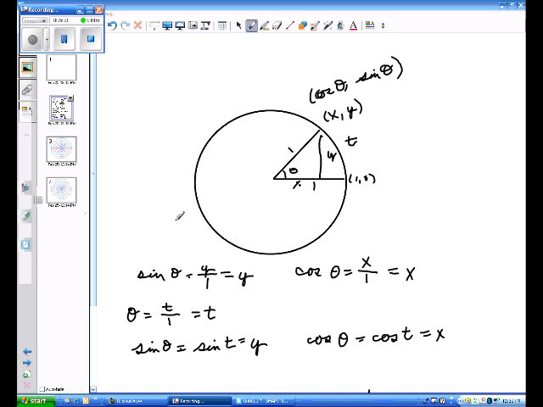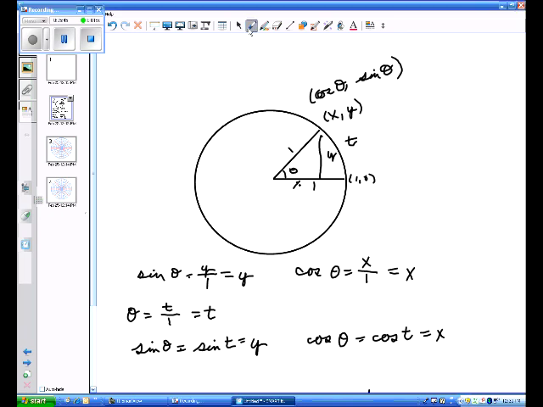So now as we travel around our unit circle, our points here are the cosine of theta, the sine of theta, or the cosine of t, sine of t, where t is the distance that we've traveled around our circle. And as we deal with that distance, then our points here will be the functions of those.